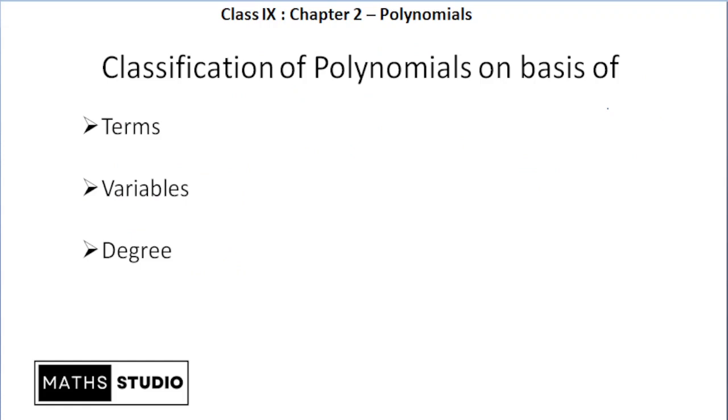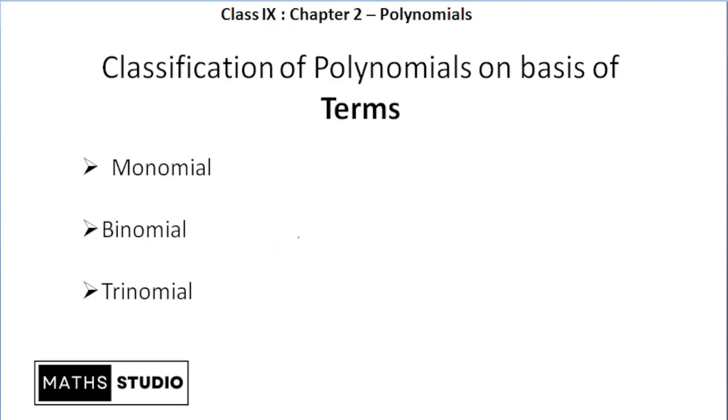Okay. Now, this is a very important part. Classification of polynomial on basis of terms, variables or degree. Classification on basis of terms, we can call it a monomial if there is only one term. For example, 4x or 4xy. There is only one term.